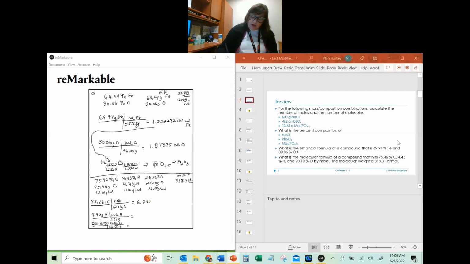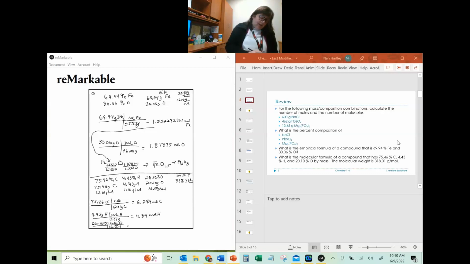Now remember, I'm keeping everything on my calculator, but I am rounding this to report on this happy piece of paper that I have. 4.43 divided by 1.01 will give me 4.34 mole of hydrogen, 3 sig figs, because both of those numbers are only 3 sig figs.